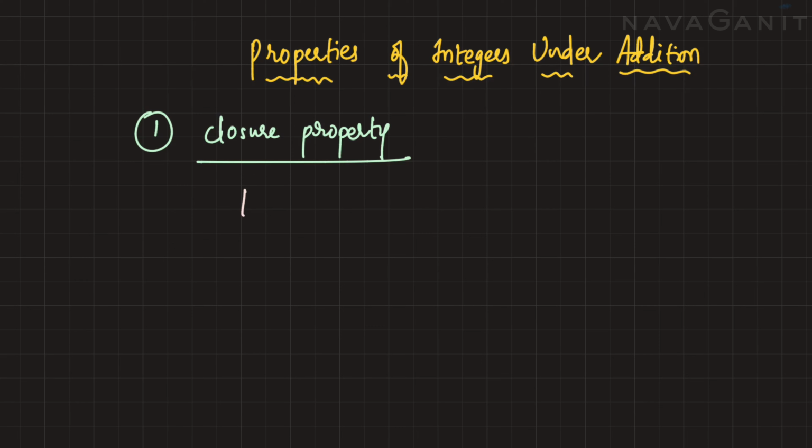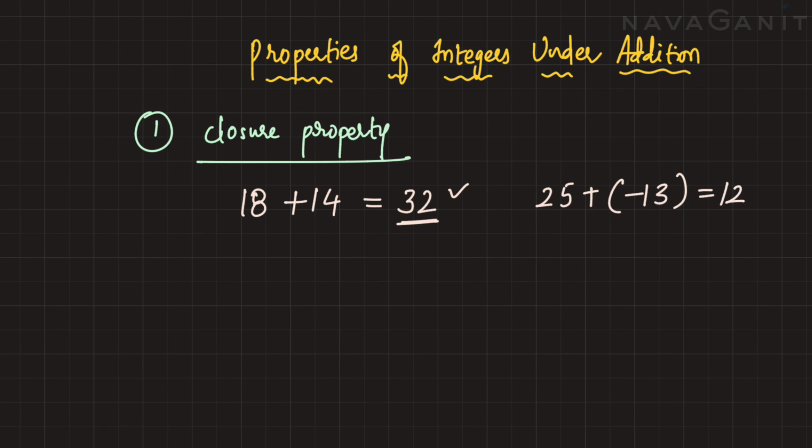So for example, if we have two integers 18 and 14, adding these two integers would result in 32. So 32 is another integer. Similarly, say we add 25 and say minus 13, we would end up with 12. So 12 is another integer. So whenever we add two integers, we would always end up with another integer. So that is our first property called the closure property.